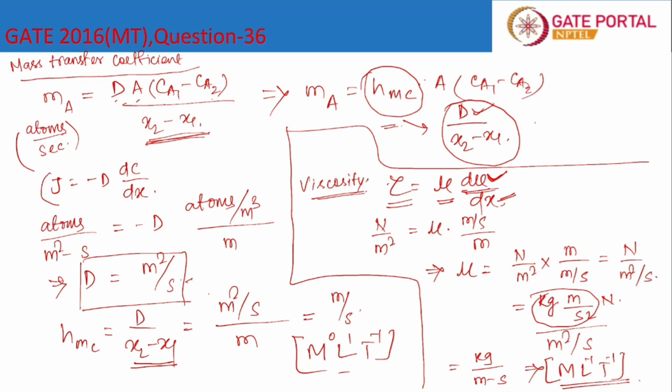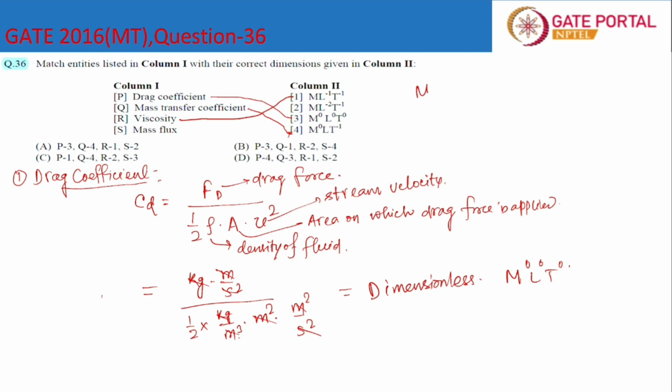And for mass flux, we already know this one. This is the mass flux, that is atoms per meter square per second. So we can consider atoms, or we can also consider like kg, the weight of the material that is going through the surface. So the units of this will be kg per meter square per second.